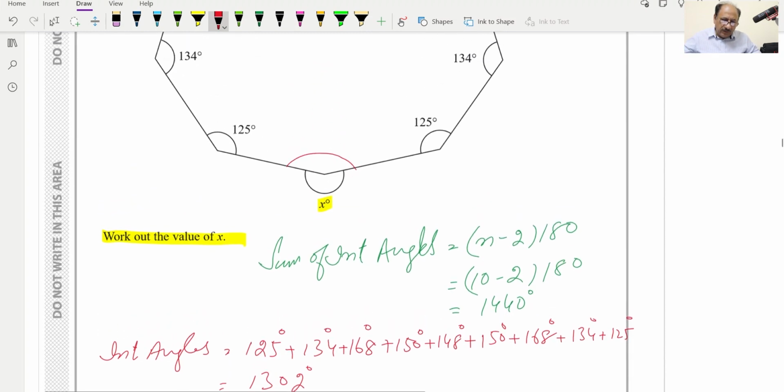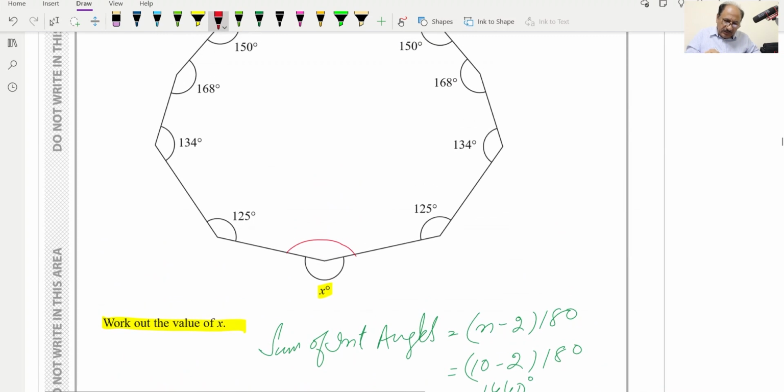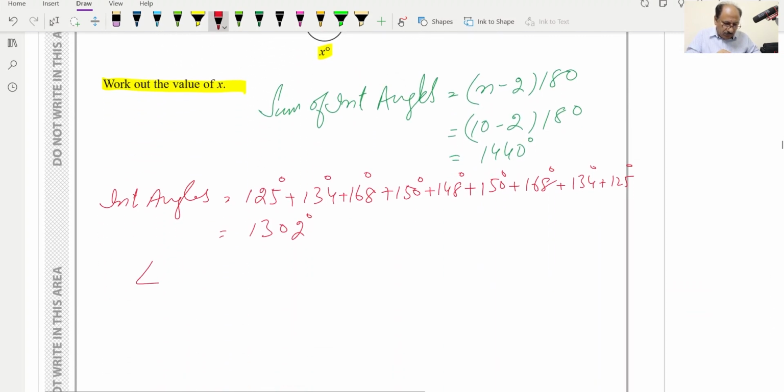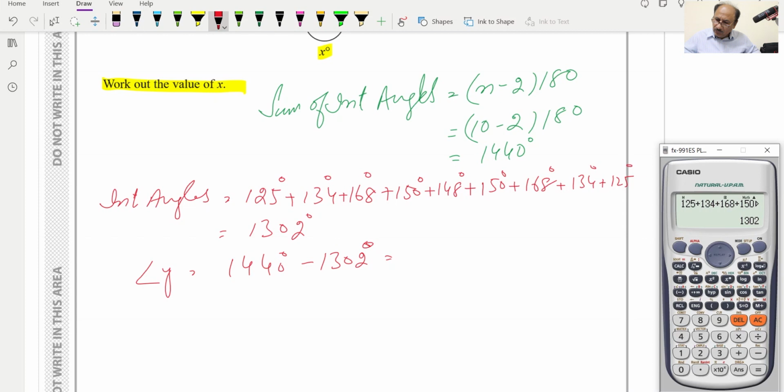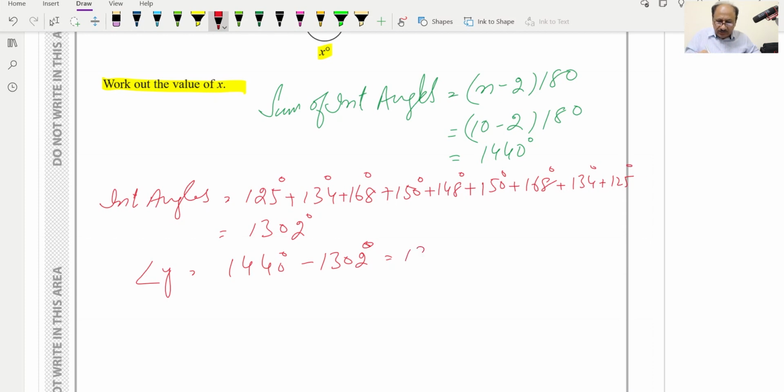Now, for example this is y. So angle y will be equal to what? Angle y is equal to 1440, which is the sum of interior angles, minus 1302 degrees, and this will be equal to 138.